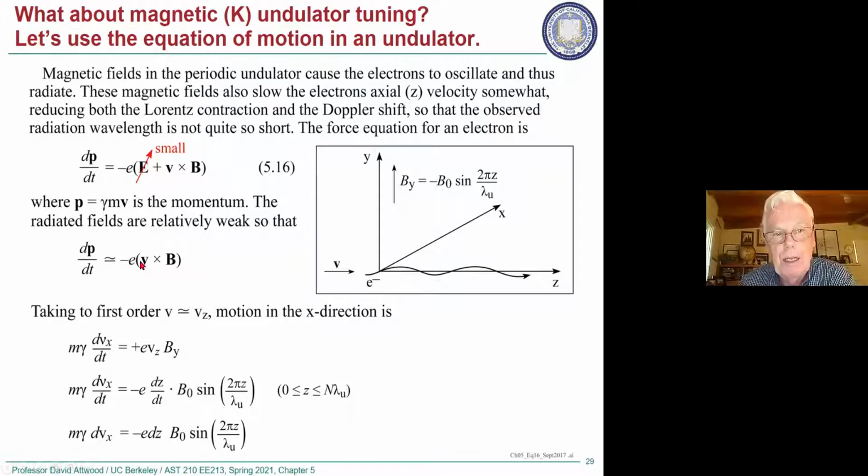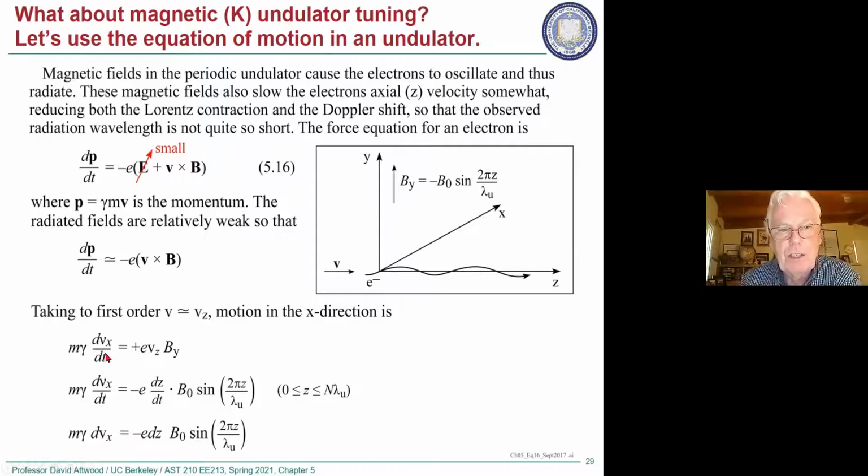So in scalar form, we took this and approximated Vz by c. So that gave us the oscillation in the x direction, which depended on the velocity in z, almost c, and on B.